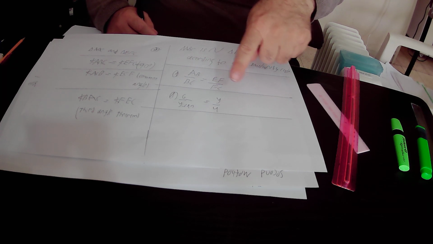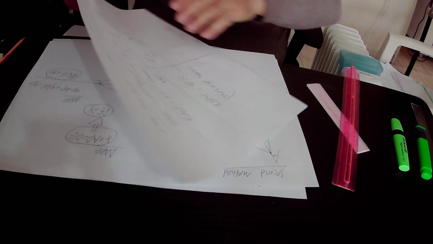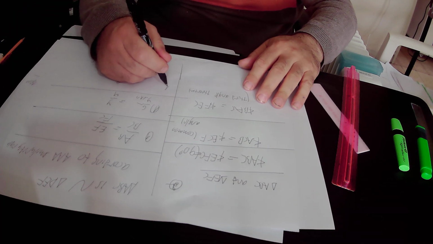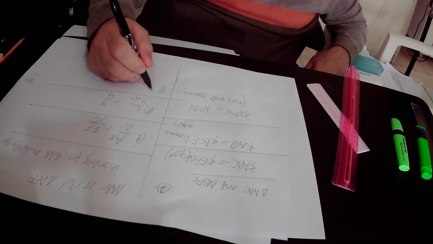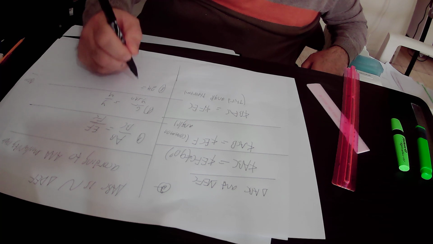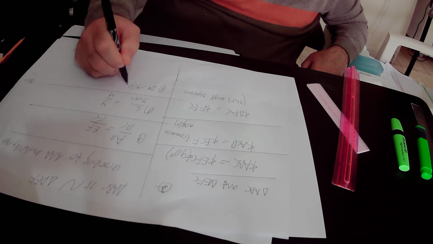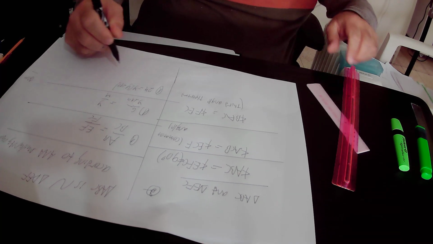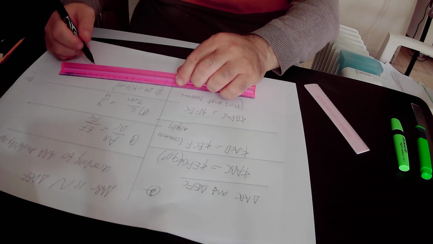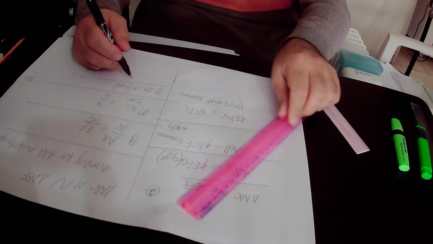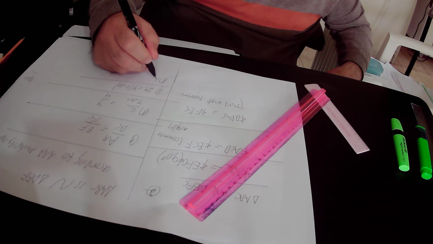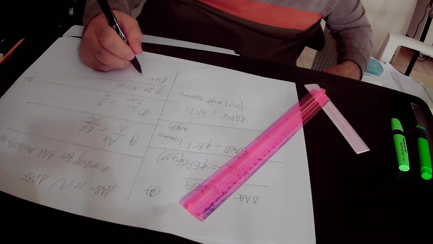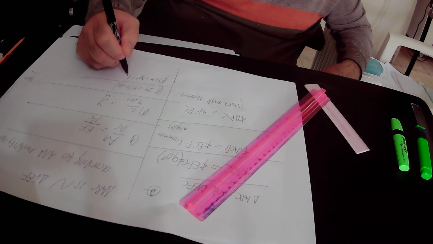Here we will cross multiply equation number 1, and we will get 6 times 4 is 24. 24 is equal to y times y plus 10. We will open the brackets on this side of the equation, and we will get that 24 is equal to y squared plus 10y.